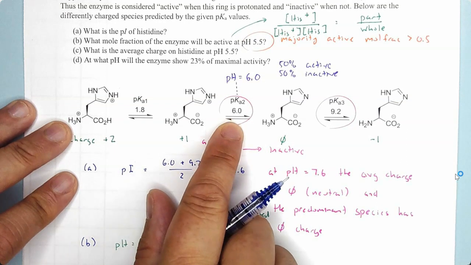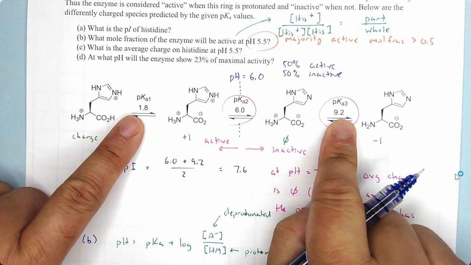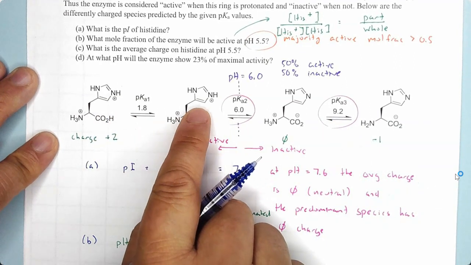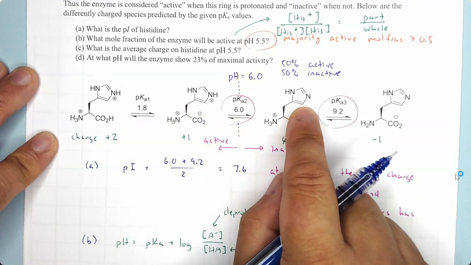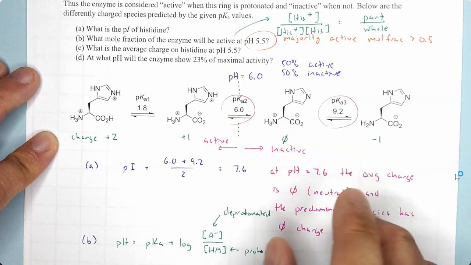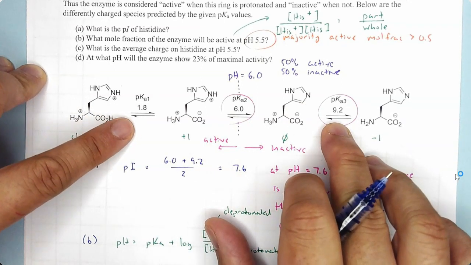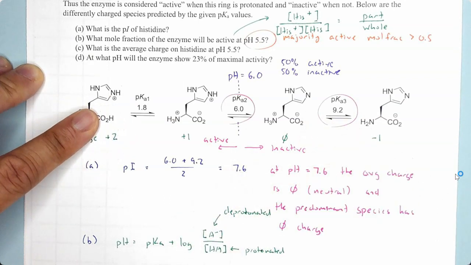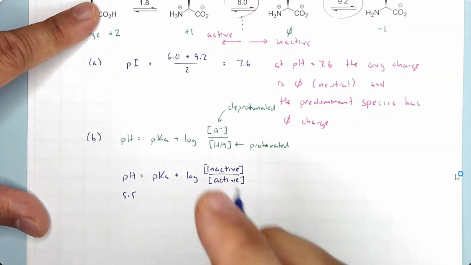So it's pKa 6. It doesn't matter what these two pKa's are, because once we're below 6, the majority of the ring is protonated. Once we're above 6, the majority of the ring is not protonated. So it doesn't really matter what these edge pKa's are. They could be anything.